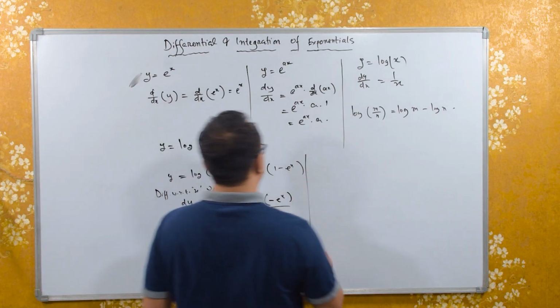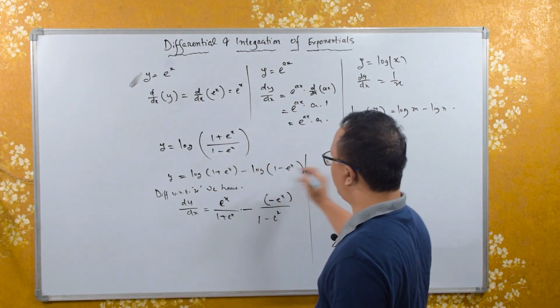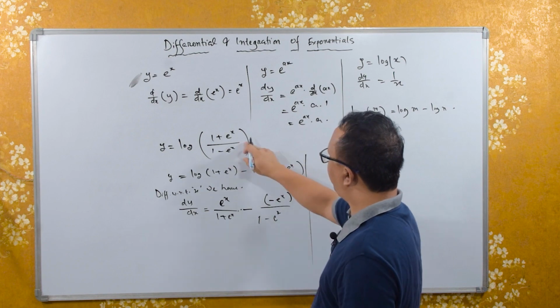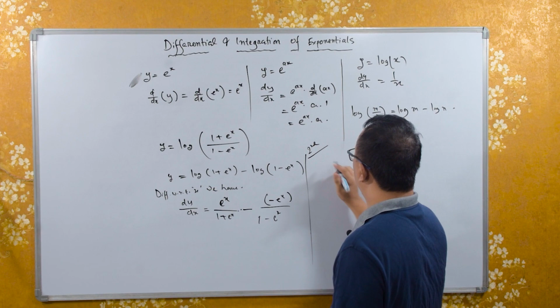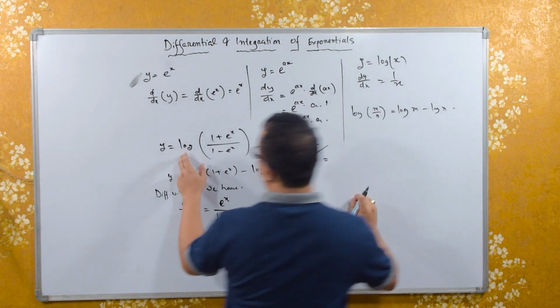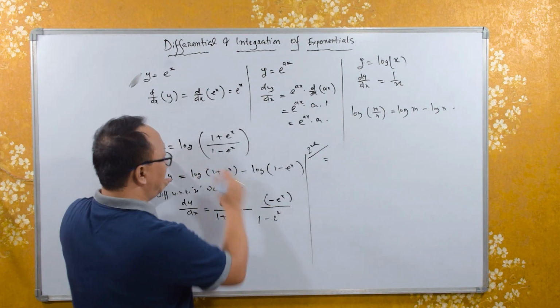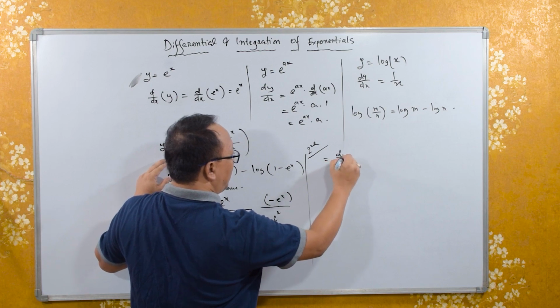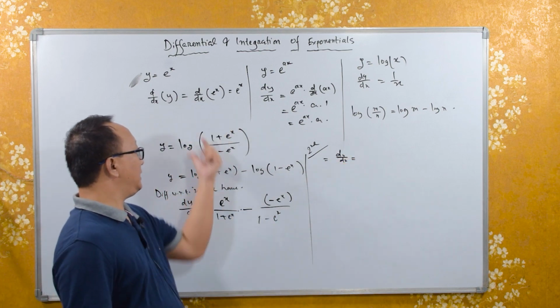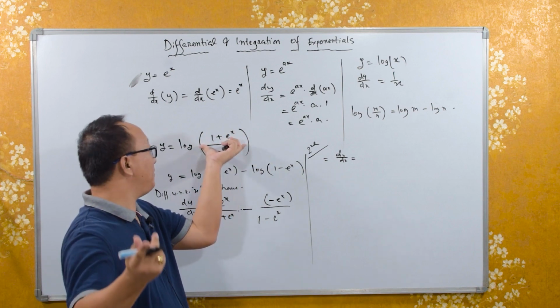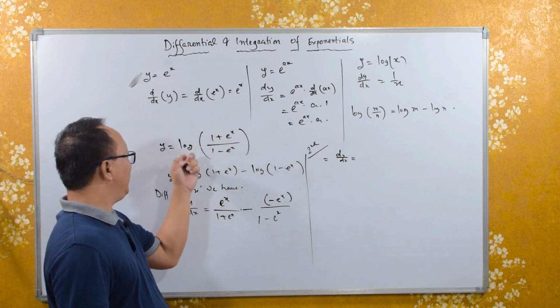Another way to differentiate, the second method, is this. Here dy by dx is the same as, since log is there, consider this whole term as one term, or you can say u, so there will be log of u.